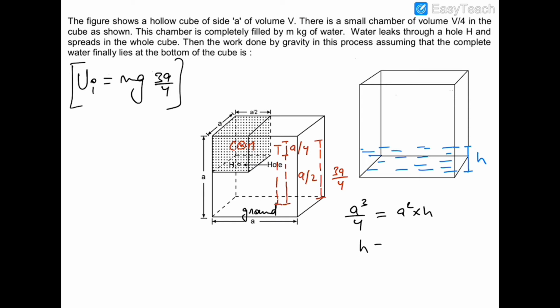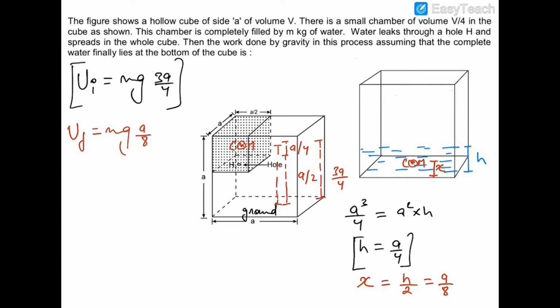Now this h will be equal to A by 4, and therefore the new center of mass will be this, and this height will be x, let's suppose. So x will be equal to h by 2, which is A by 8, and the new potential energy finally will be equal to mg A by 8.